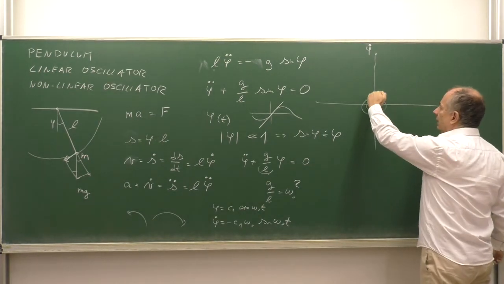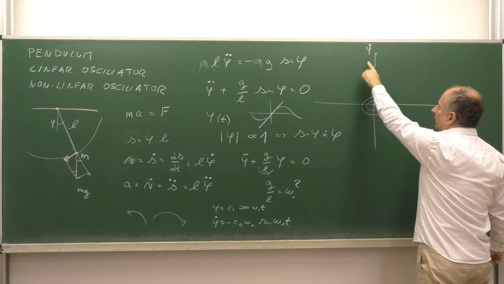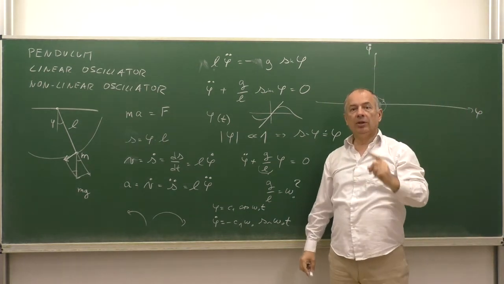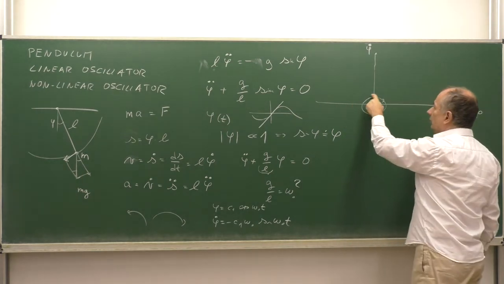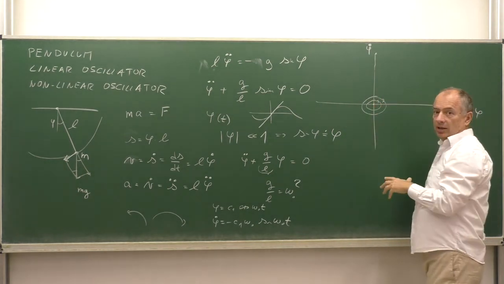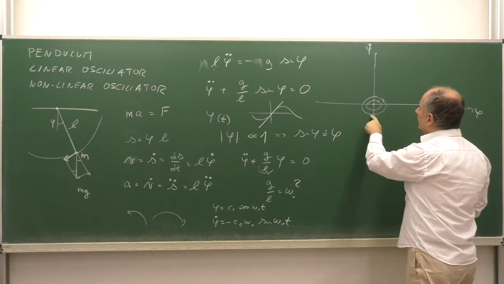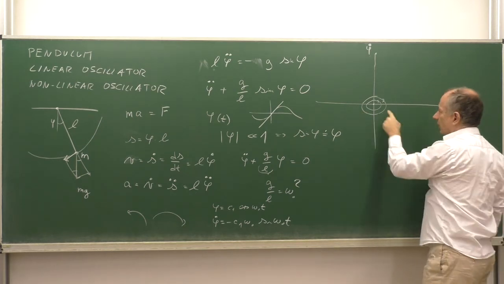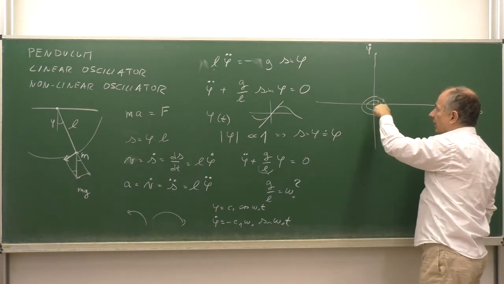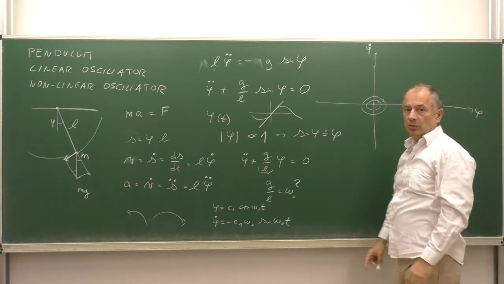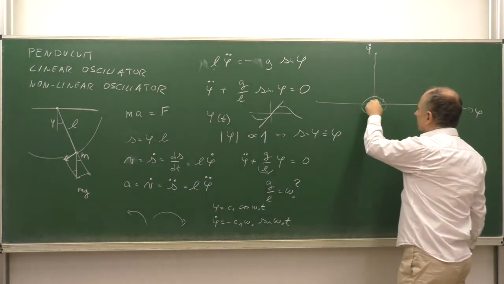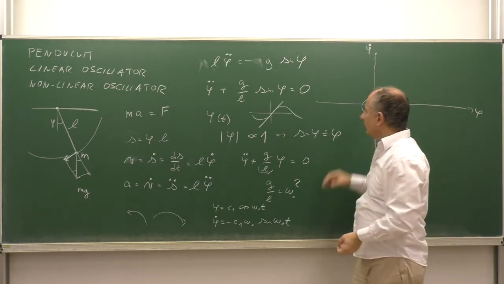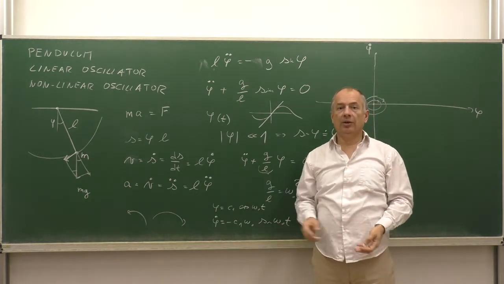Also note that if we are above the horizontal axis, then the phi derivative is positive, and positive derivative means increasing phi. So we move to the right if we are up, and here the phi derivative is negative, so negative derivative means decreasing phi, so we move to the left. These circles describe the motion. The small circle describes the motion with a small amplitude, and the larger circle describes the motion with a larger amplitude.